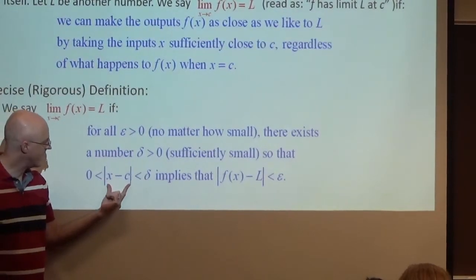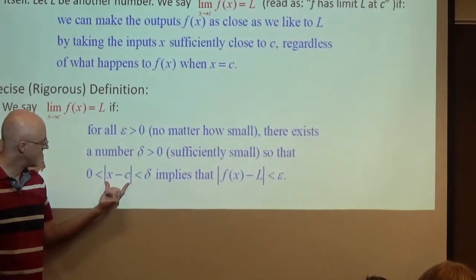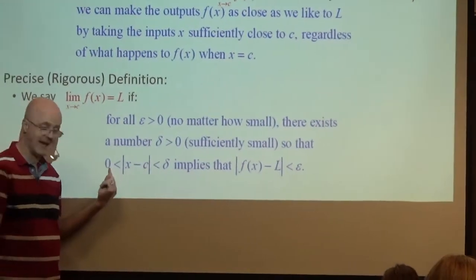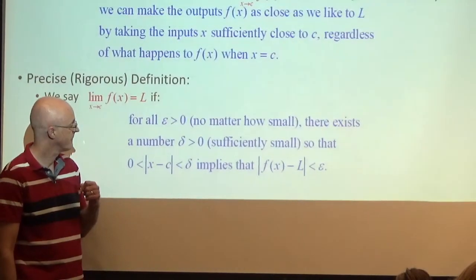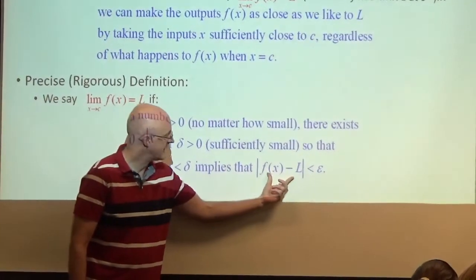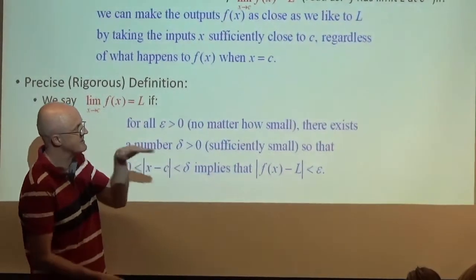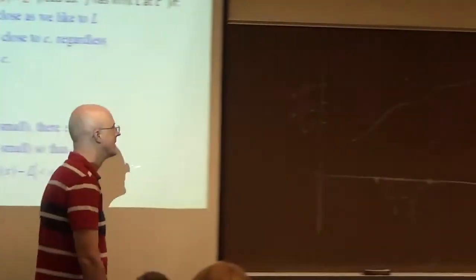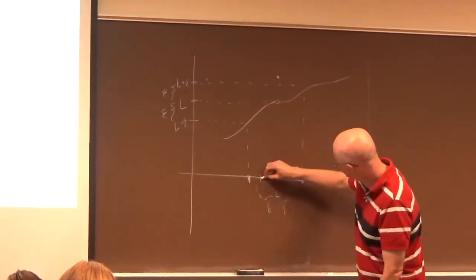Remember that the absolute value of a difference is the distance between them. As long as the distance between x and c is less than delta, and not 0 because we don't want x to actually equal c here, then the distance between the output, f of x, and the number L will be less than epsilon. I'll be between L minus epsilon and L plus epsilon. In this picture, that is true. You pick any number in here except c.